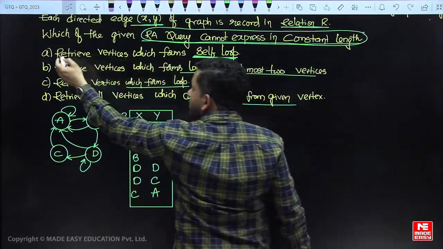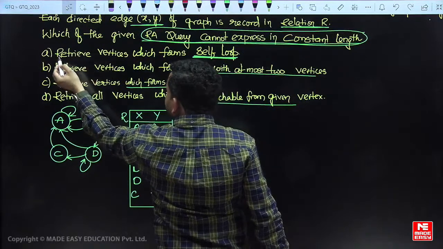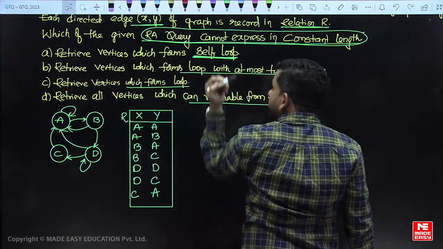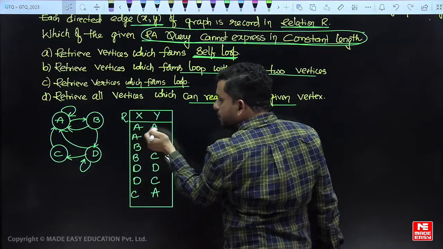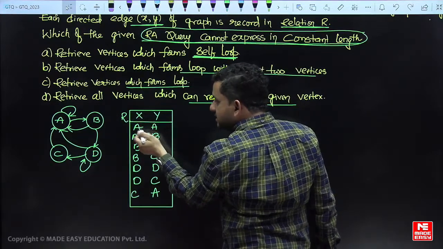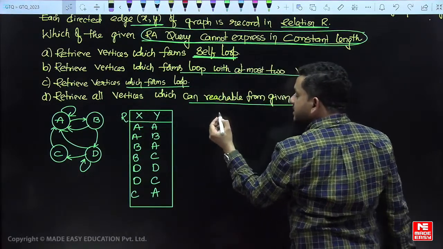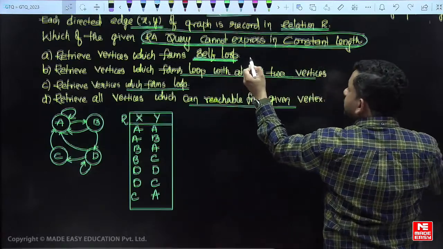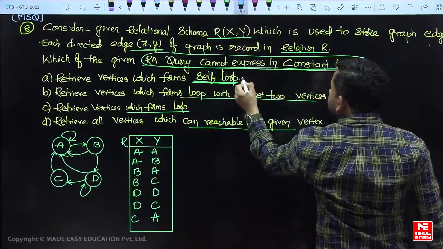So some have given the first option also. Retrieve vertices which form self loop. Self loop means X equal to Y. It is easy to write the relational algebra query. So a constant length query we can write this.